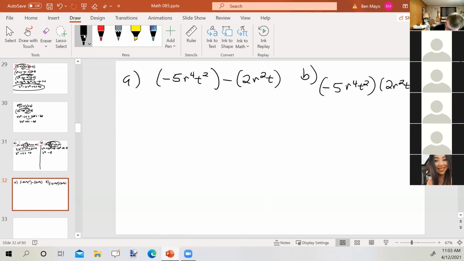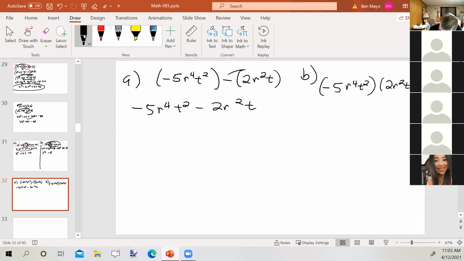So in the first problem, we're going to get negative 5r to the 4th t squared minus 2r squared t. There are no like terms, so we can't really simplify it any further.